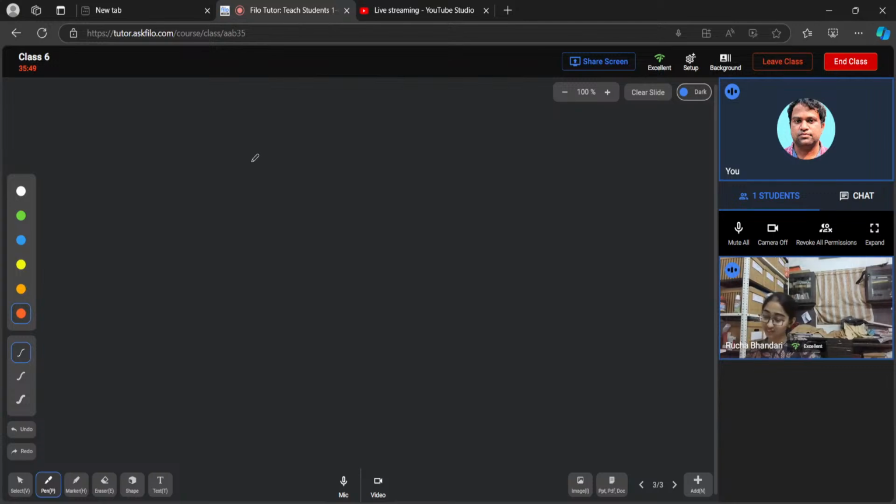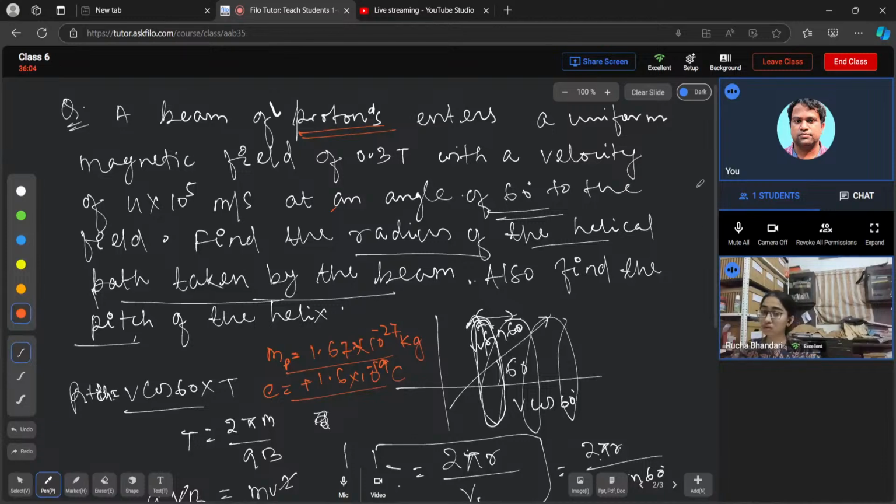Just pay attention that when you are finding out the helical case, the perpendicular component will give you the radius, and the parallel component will give you the pitch, like how far it is, that cos theta.